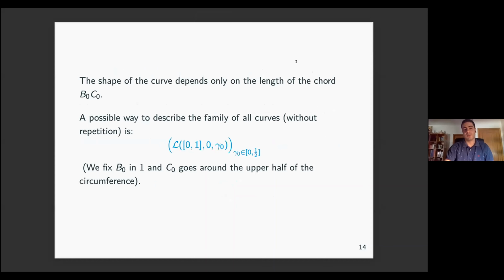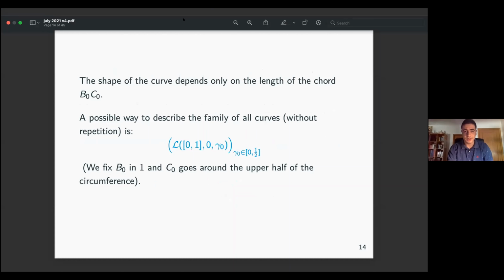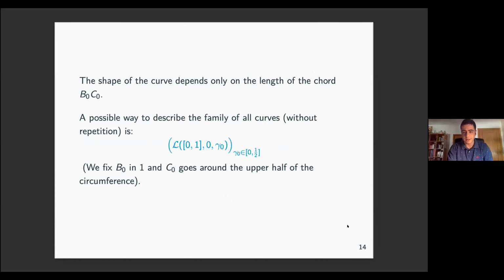The shape of these curves will only depend on the length of the chord between the two fixed points, and we can describe the whole family of curves by fixing one of the fixed points and letting the other one go around the upper half of the circumference. Again, I'd like to show you what all the curves look like.